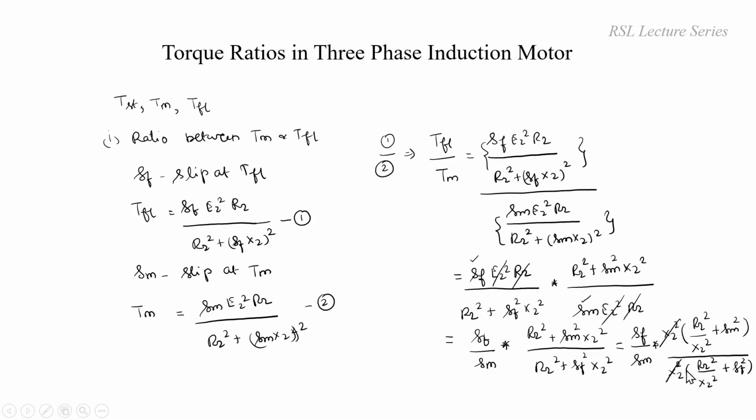Now we know that Sm, the slip corresponding to maximum torque, is given by R2 by X2. So in place of R2 by X2, we can substitute Sm.